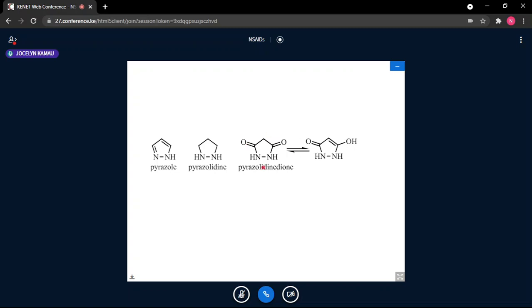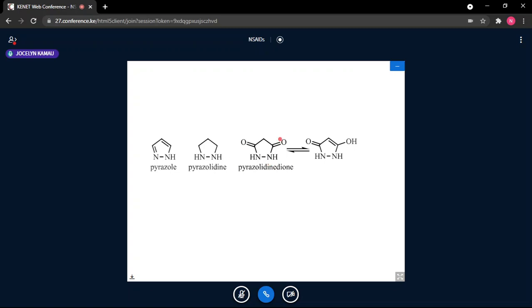So again, the pyrazolidines and the pyrazoles, but mainly the pyrazolidine diones, because of that oxygen, have an ability to exhibit keto-enol tautomerism. Remember, keto-enol tautomerism is the ability of a group to either exist as a ketone or as an enol, an alcohol.